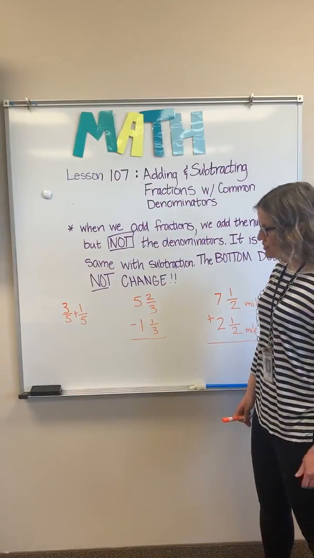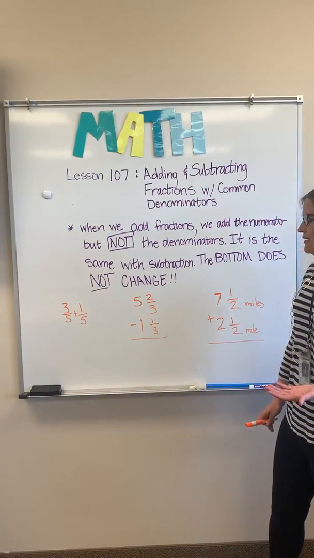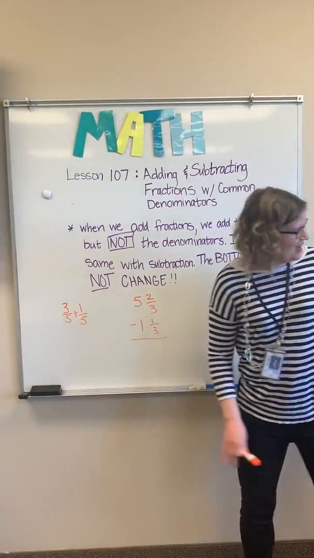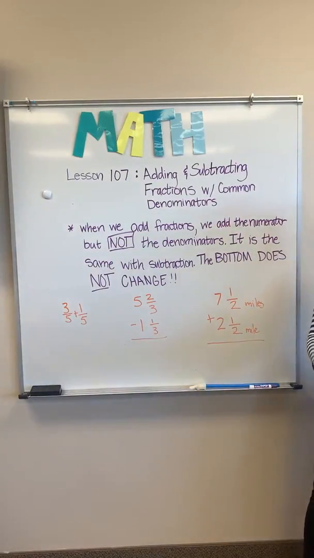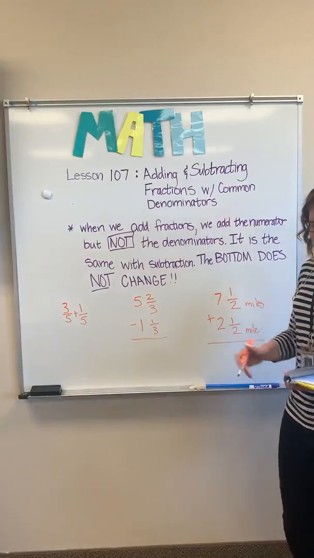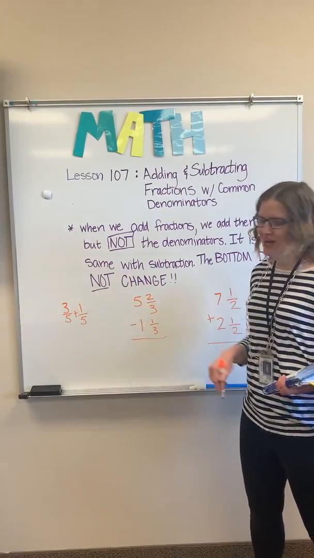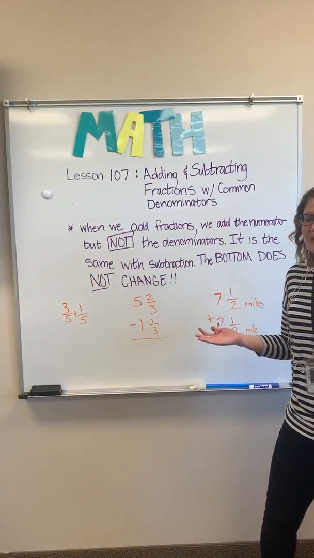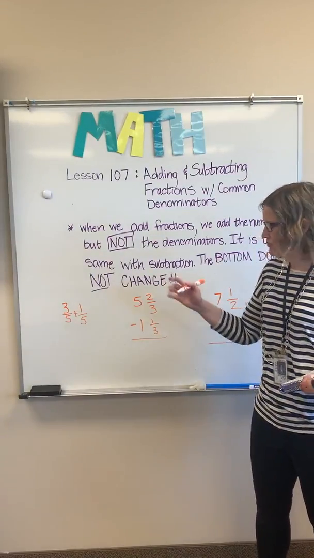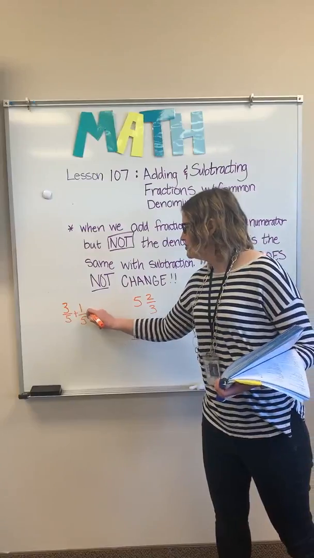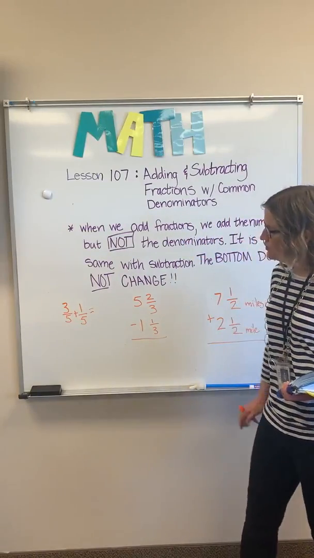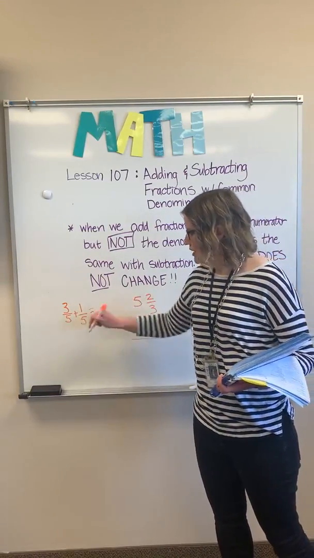Here are a few examples. In the book, it says somebody bought 3/5 of a pound of cashews and 1/5 of a pound of pecans. How many nuts did they buy per pound? And so, knowing what we know, our denominator stays the same.